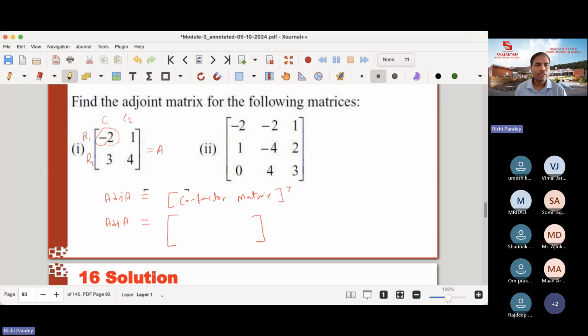Now to find the cofactor, we will delete the corresponding row and column. What you see, you should write down here. What is the visible value? 4. For the first element, it is 4.